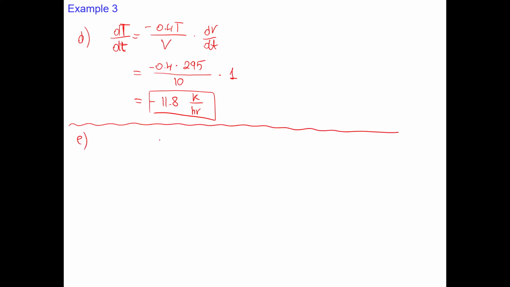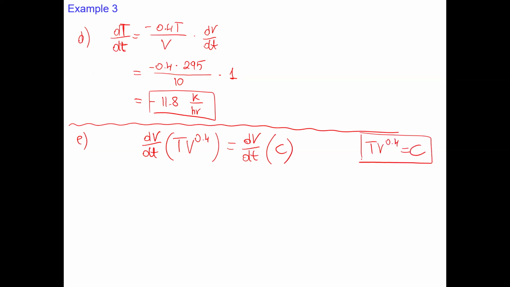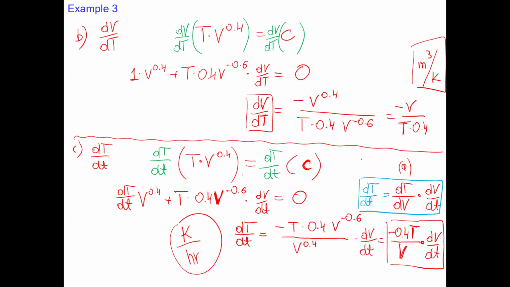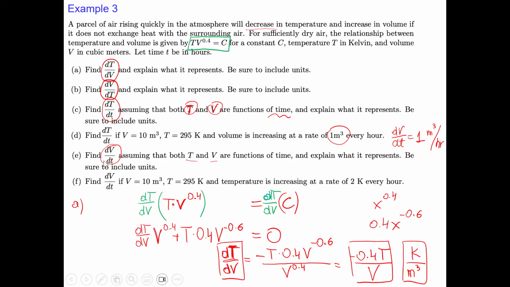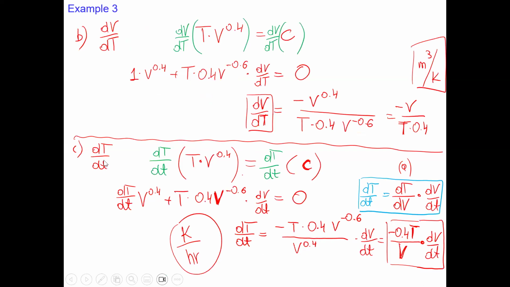We have to find dV/dt. And this was temperature, volume, the rate of change of the volume with respect to time, and the constant, because this was the equation. I'm just taking this equation in the form of implicit differentiation. Let me double check. Yes, dV/dt, and both of them are functions.